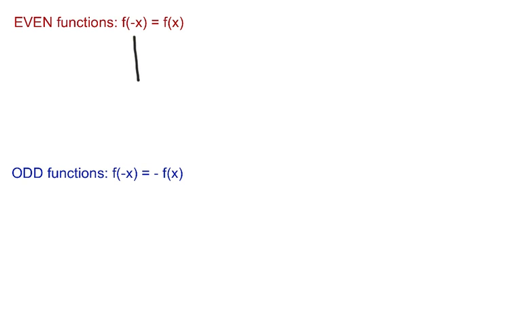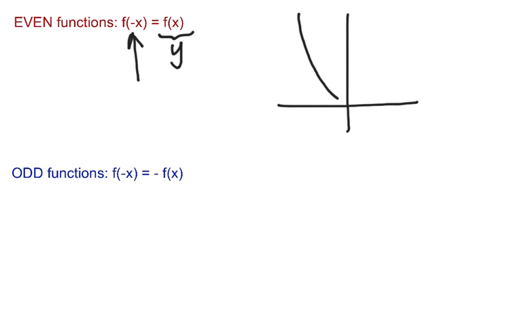So f of negative x, remember what that means is that you're inputting a negative x value. And then f of x is telling us that we're getting out a y value. So think graphically. If you were to have an even function that would have y-axis symmetry, then f of negative x means I'm inputting a negative x value.